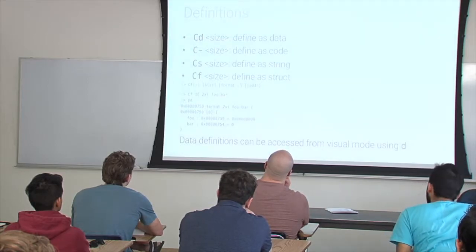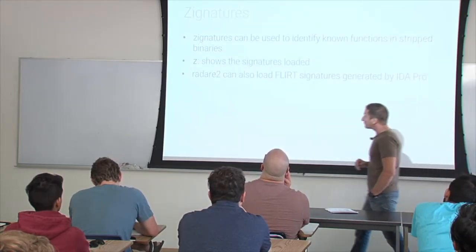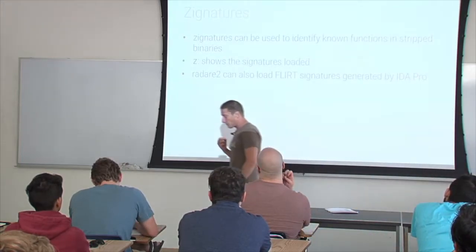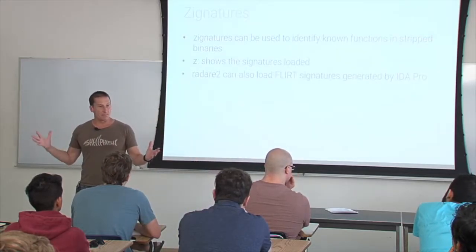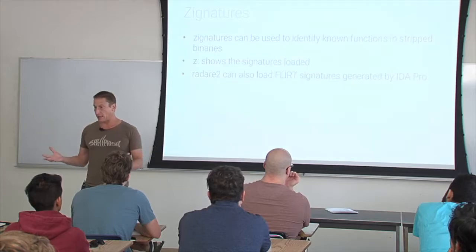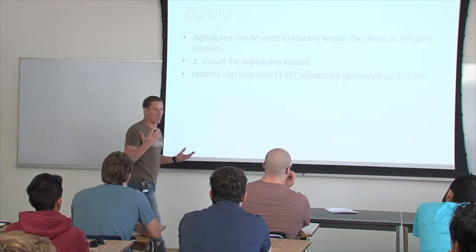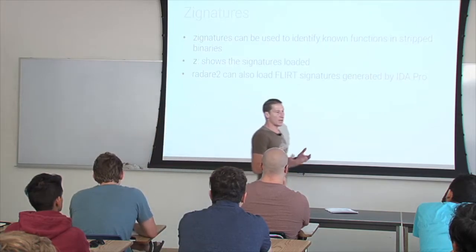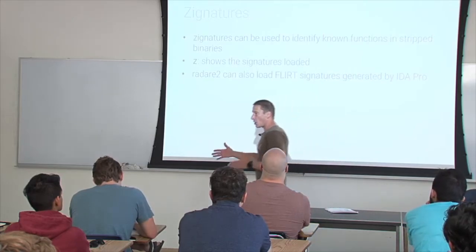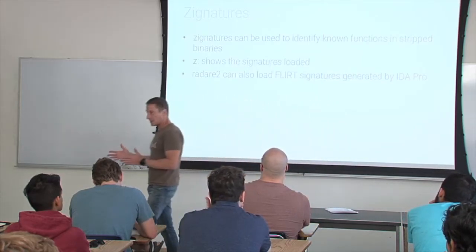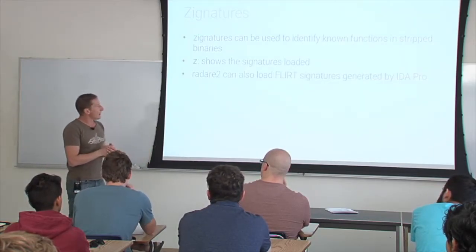Another thing that is interesting are signatures, which are similar to the FLIRT signatures of IDA Pro. This is when you have a big binary that is statically linked and stripped of the symbols, you might have tons of code that are just libraries. And so you want to be able to recognize these libraries so you don't waste hours of reversing on the OpenSSL library, but you actually focus on the application only.